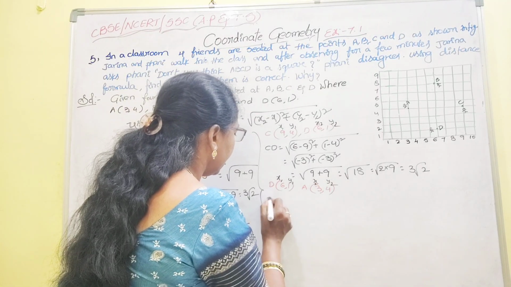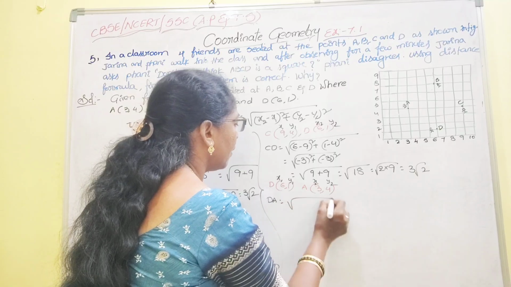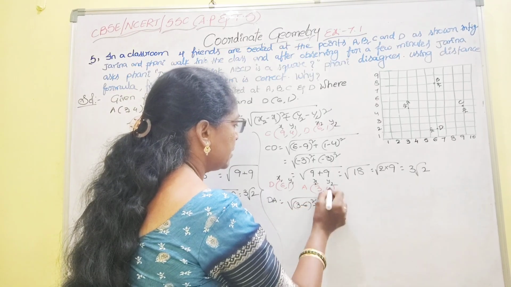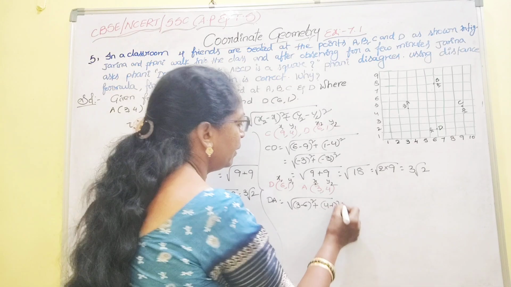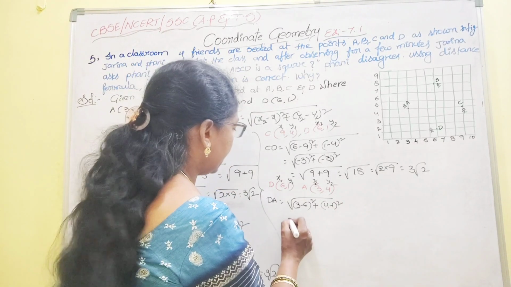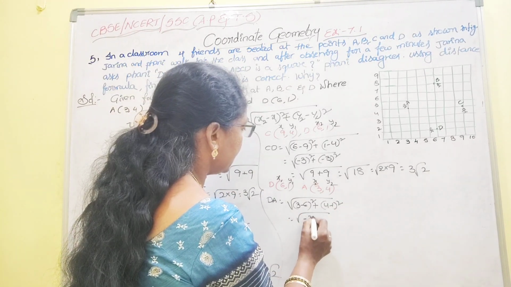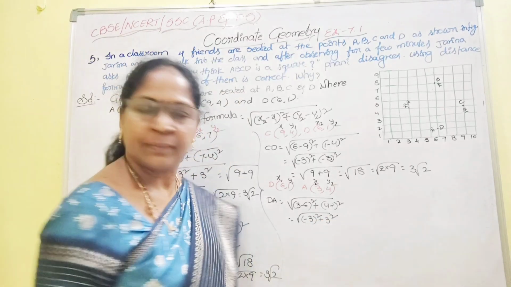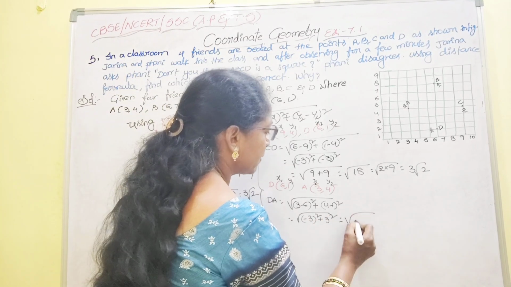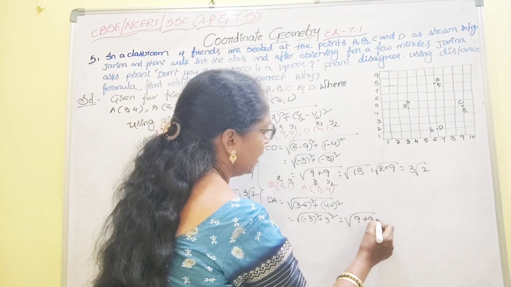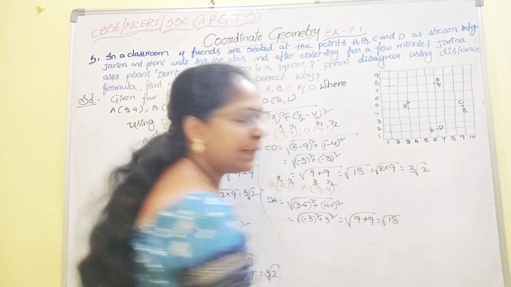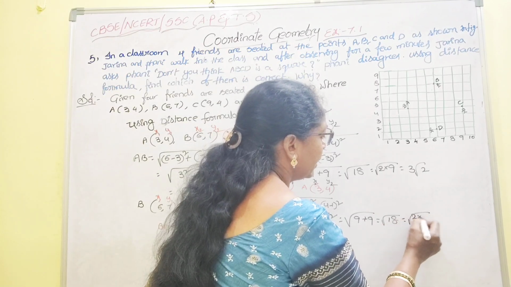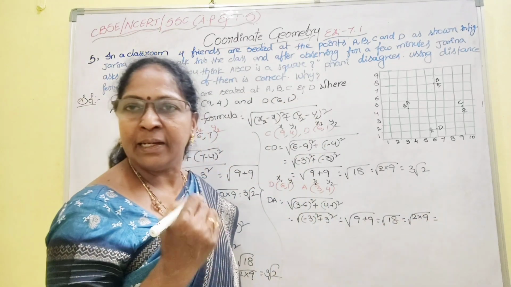So DA equals square root of (3 minus 6) whole square plus (4 minus 1) whole square, that equals square root of minus 3 whole square plus 3 square. Now minus 3 whole square is 9, plus 9 equals square root of 18. Again 18 can be written as 2 into 9, square root of 9 equals 3.